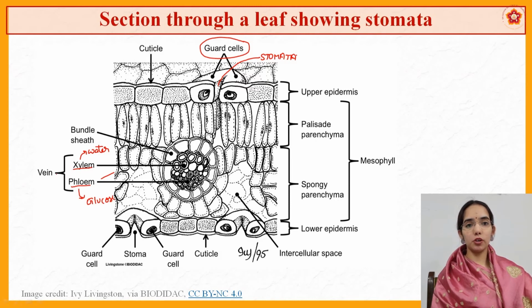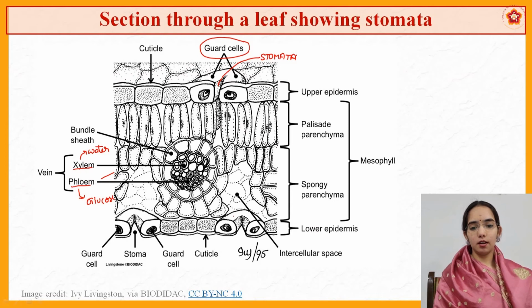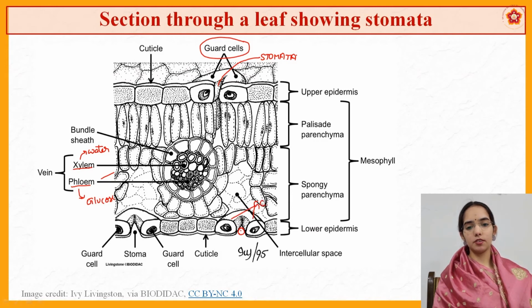So I hope it's clear with you. These are the names of the two veins, xylem and phloem. Xylem helps in transport of water and phloem in the transport of food. On the below surface over here also you can see the stomatal pore, and these are the guard cells, right?